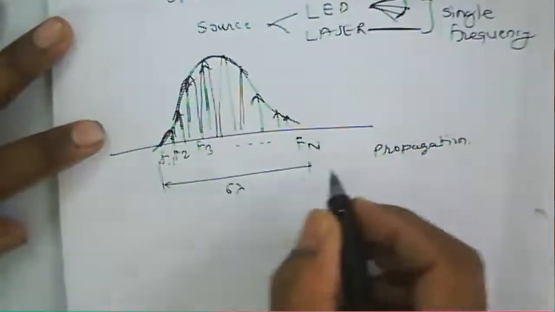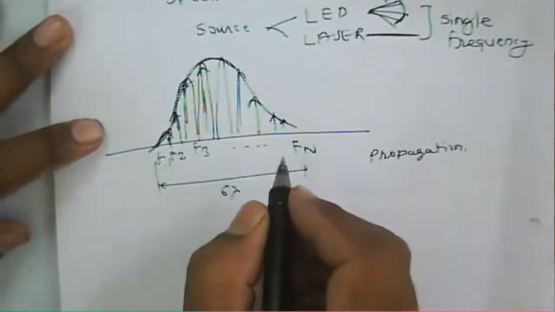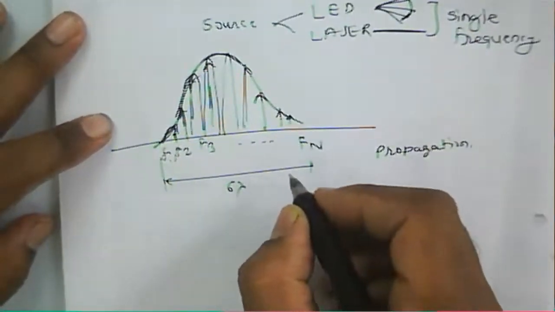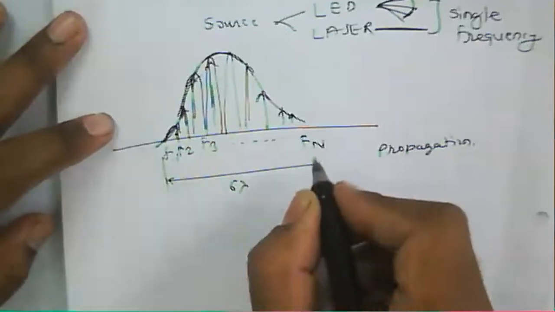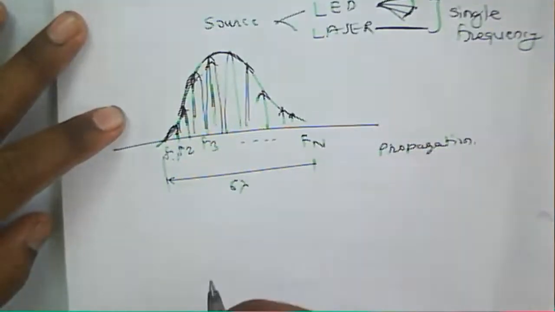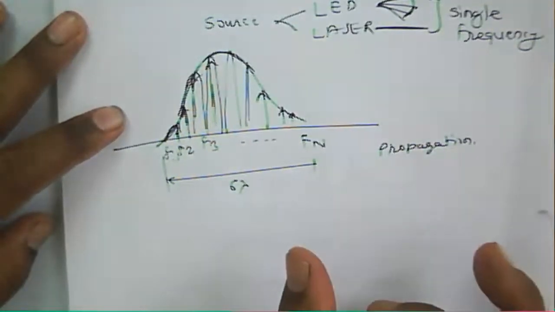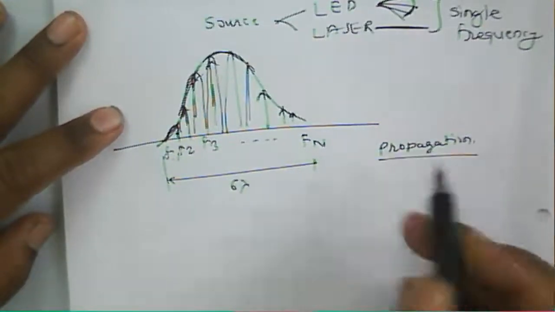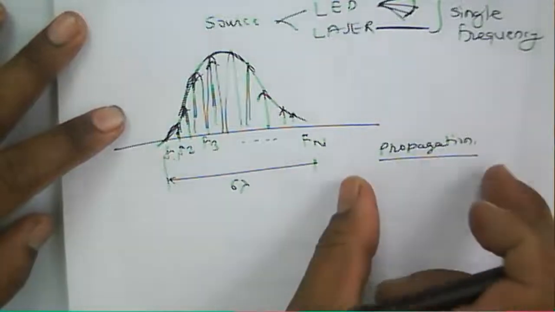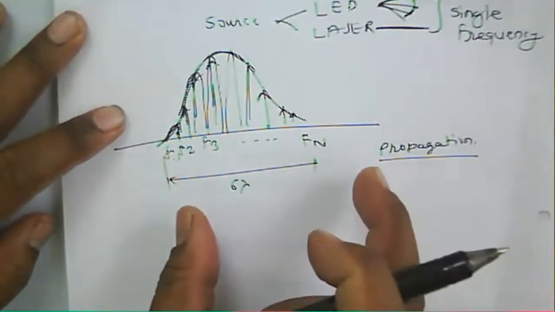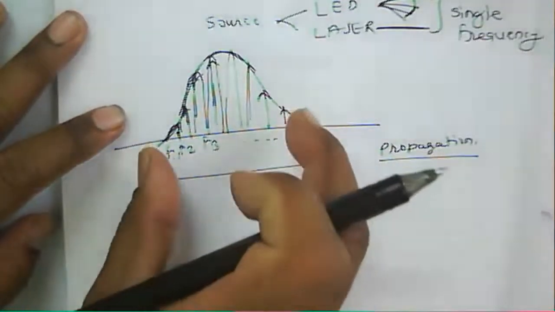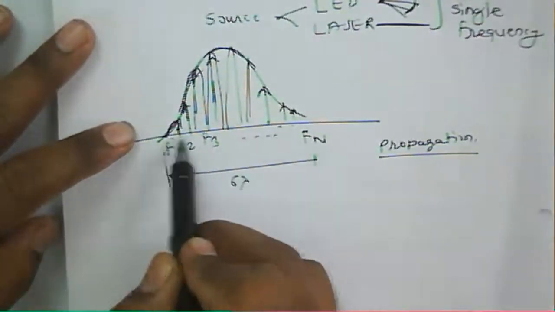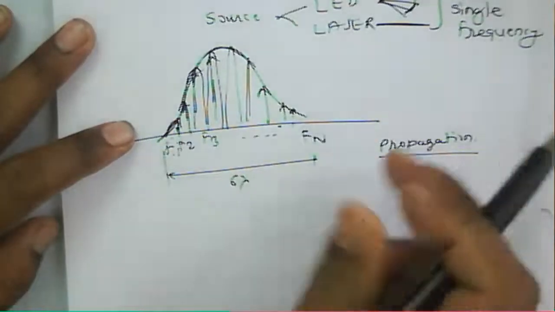The velocity depends upon each of the frequencies transmitted through the fiber. So because of that propagation delay, because of the various spectral components, pulse broadening occurs.